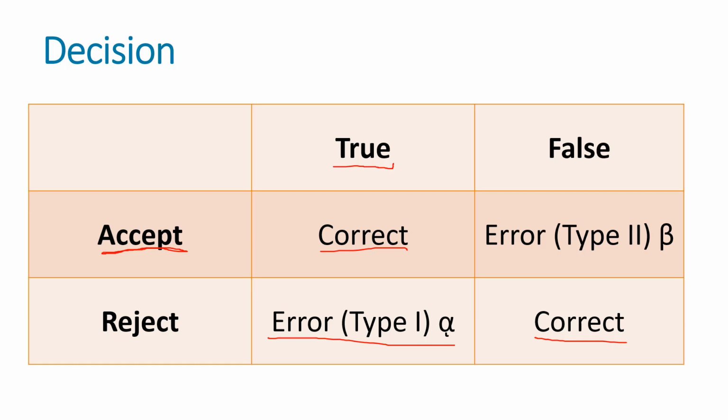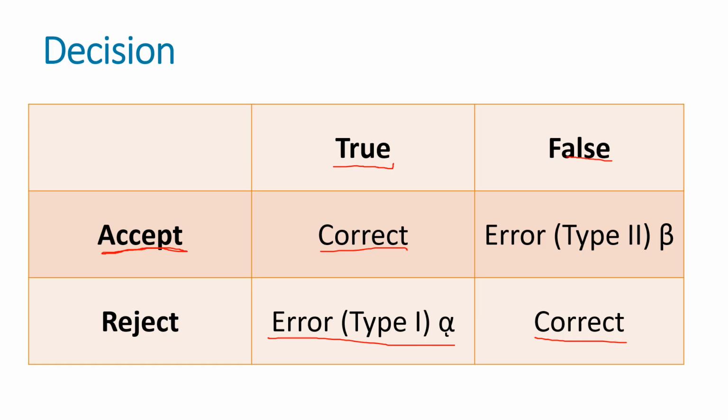I'm also giving one example from the student side. For example, you are doing a very good job and you answered the question correctly, but the teacher says no, this is wrong. This is called type 1 error, alpha error.